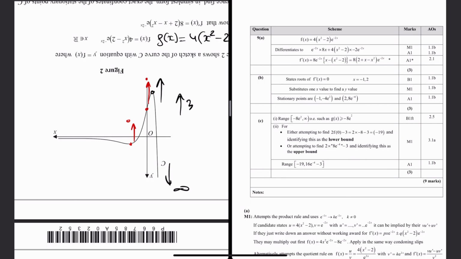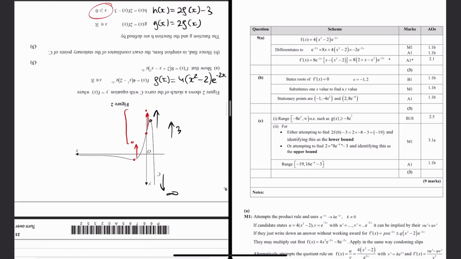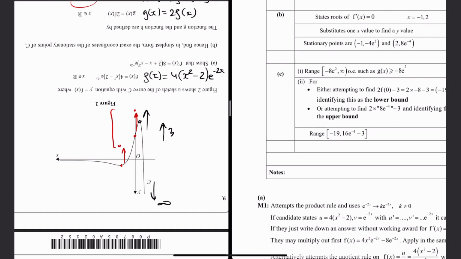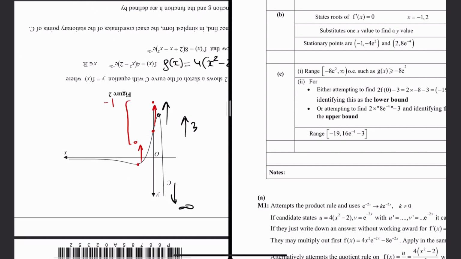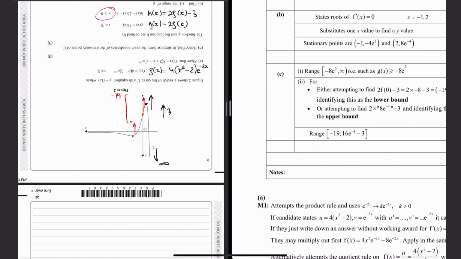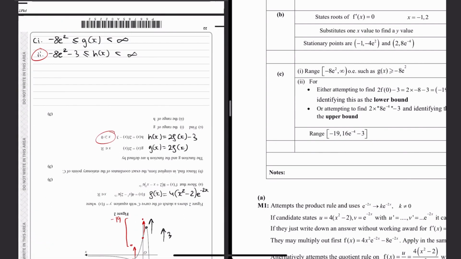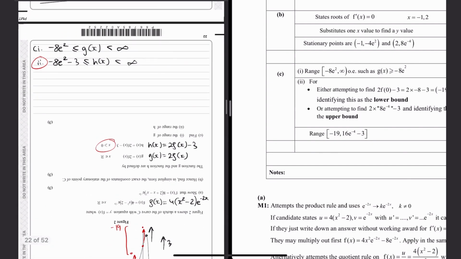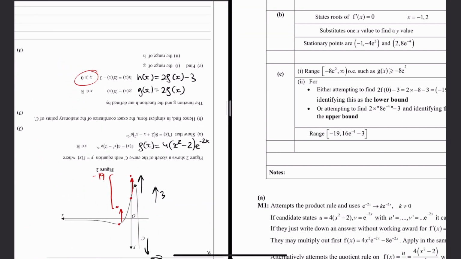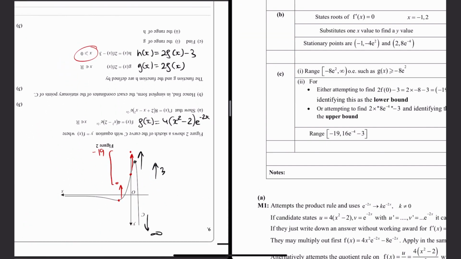So this is the range, which is why, if you look at the mark scheme, the range is actually -19. You could work out the y-intercept of the original f of x, or just g of x. Actually, it wouldn't matter, but if you just put 0 into this, you'd probably get 16, right? 0, 1, 2.